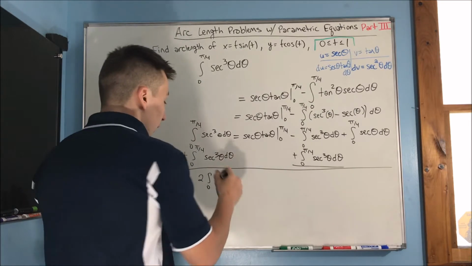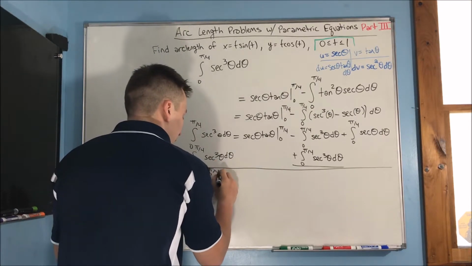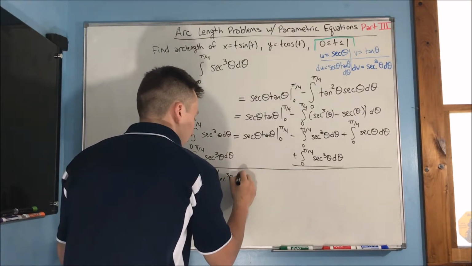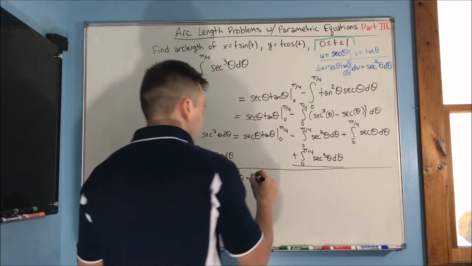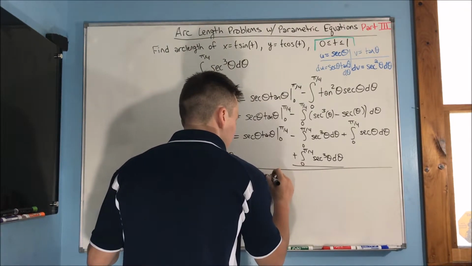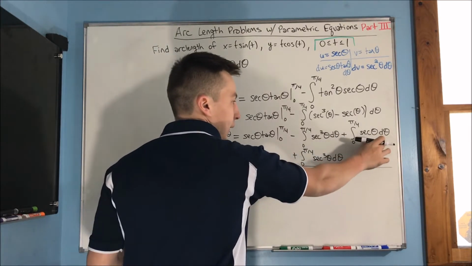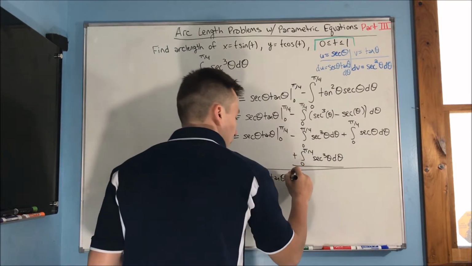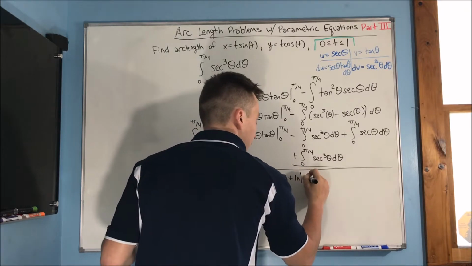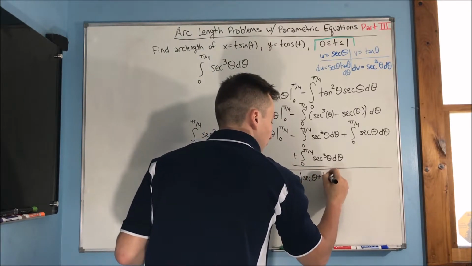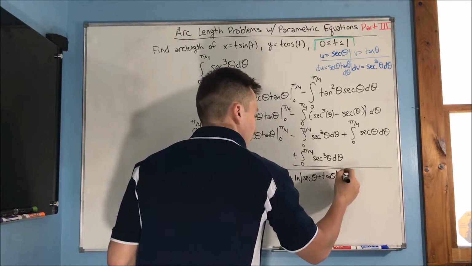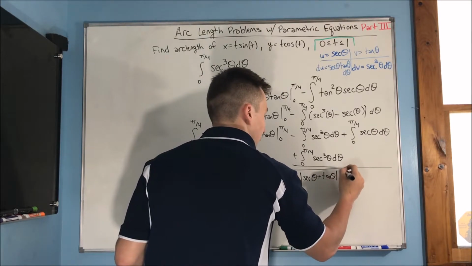we get the integral from 0 to pi over 4 of secant cubed theta d theta equals secant theta tangent theta. And we can just integrate this piece right here. This will be plus the natural log of secant theta plus tangent theta, and this will all be evaluated from 0 to pi over 4.